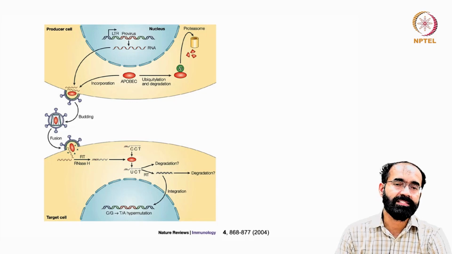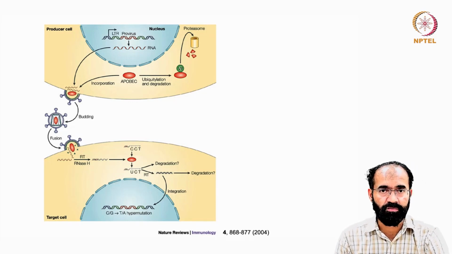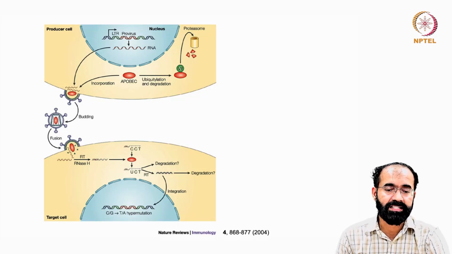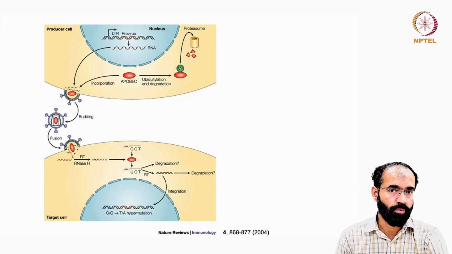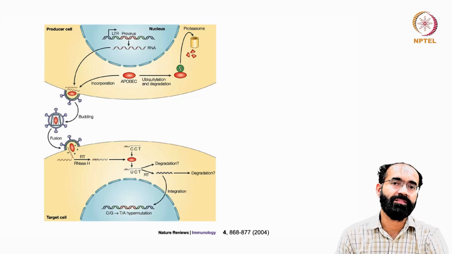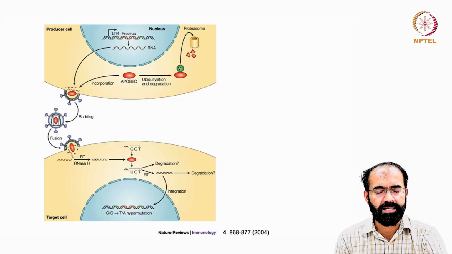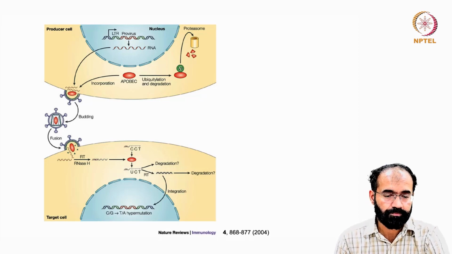So provirus basically means it is a virus, but it is not a virus. Genetically it is a virus, and once it gets converted into RNA, that RNA can get converted into protein. I think the HIV genome is around 10,000 bases. Usually viruses have around 10 to 12,000 bases only, but the HIV genome is a little bigger.